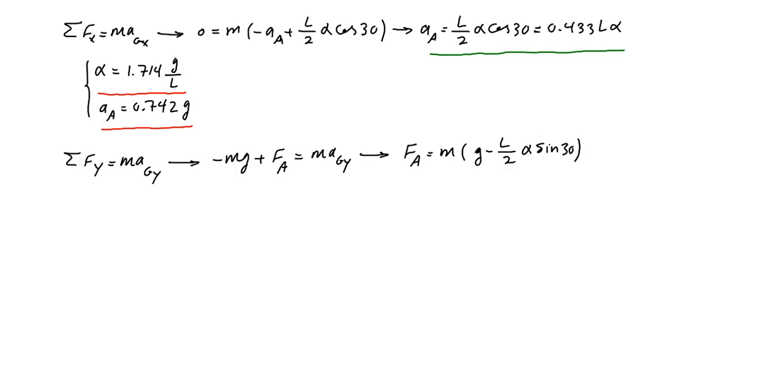I know alpha now, right? Alpha is known. I can plug it here, and as a result, I can find F_A. From there, this gives me F_A as 0.5715 mg. And that would be the reaction force. So I found all three things that the problem was asking for, following those steps.